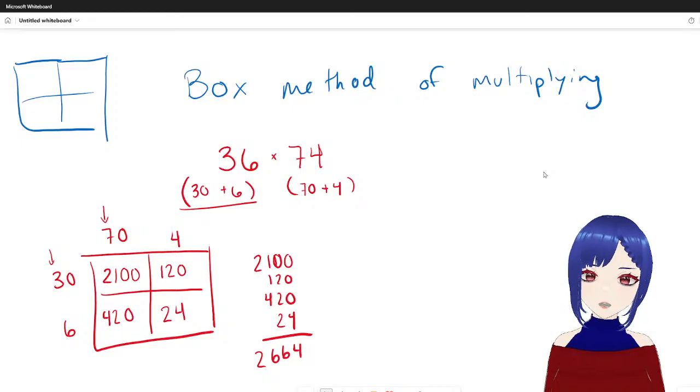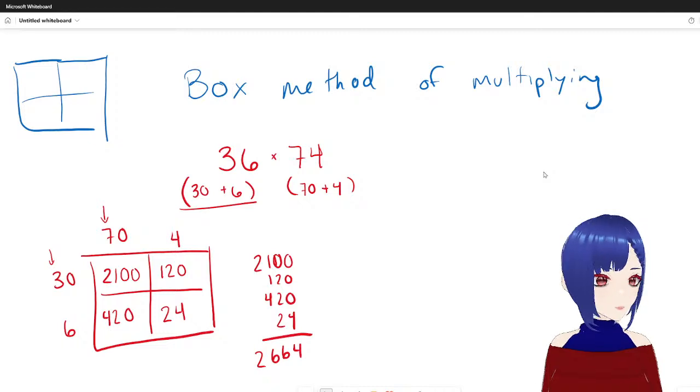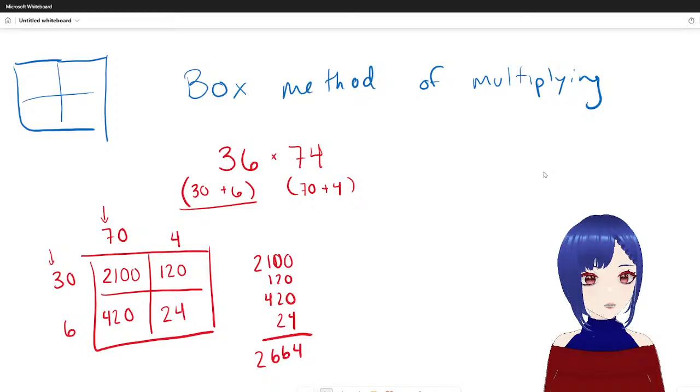But having this ability makes it so that you can use the skills you learn here, because learning how to do the box method, by having that visual organization, it does make it easier for you to do things in your head.